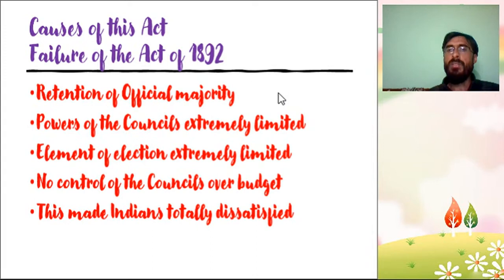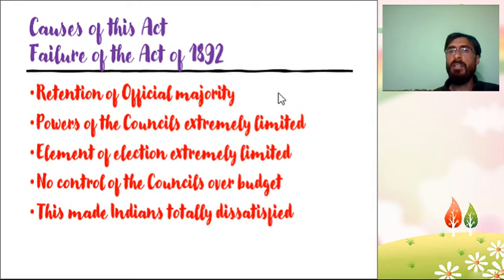The government passed an act in 1892 and tried to give practical shape to these demands of Indian nationalists. But Indians were not satisfied with this act because there were various demerits in this act.